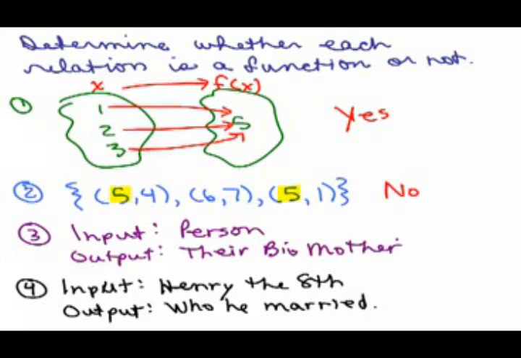In that case, yes, we each have exactly one bio mother. So this is yes. And let's look at the fourth one. The input, Henry VIII. Output, who he married. Well, he had a lot of wives, right? So this is not going to be a function. It's not predictable what name might come out, right? Which of his wives.